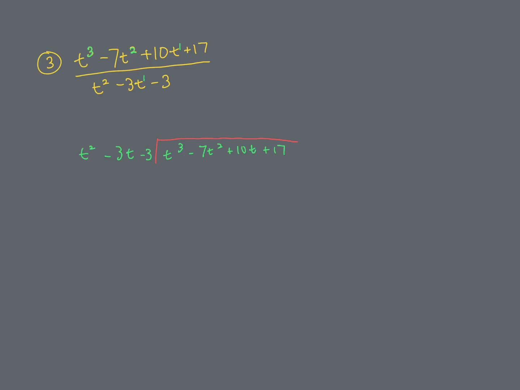So this one just a little bit longer of a number on the outside, but process is still the same. T cubed divided by the first thing there. So t to the third divided by t squared. So 2 t's cancel there, leaving just t to the first. Or t.